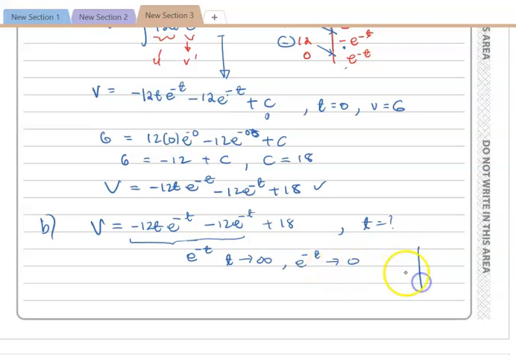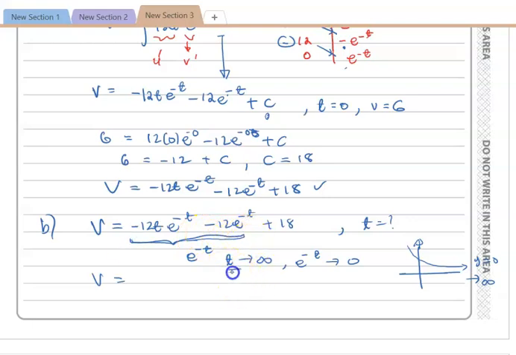If you think about the graph of that function, it looks like that. As x goes bigger, the y value will go to 0. So this one goes to 0, which means all of this part of V goes to 0.